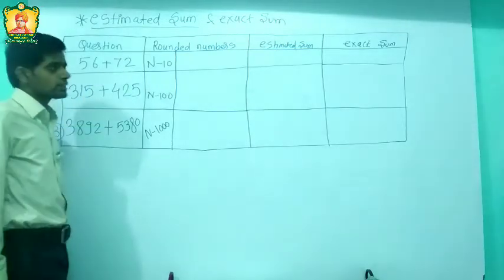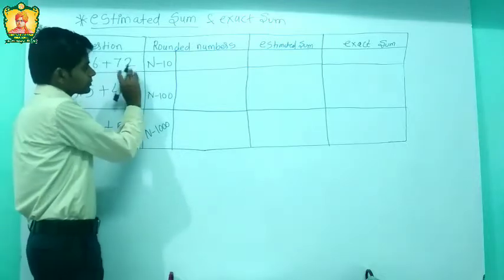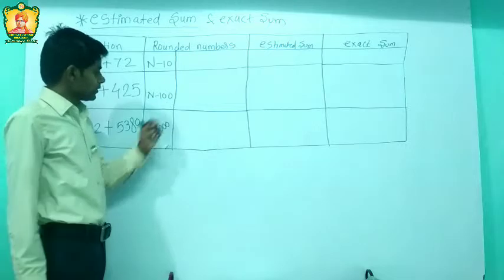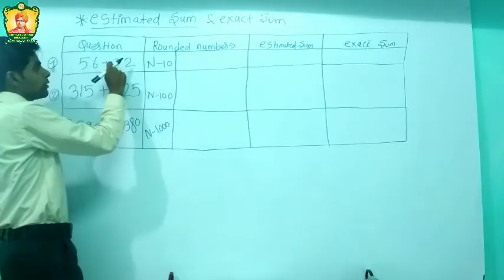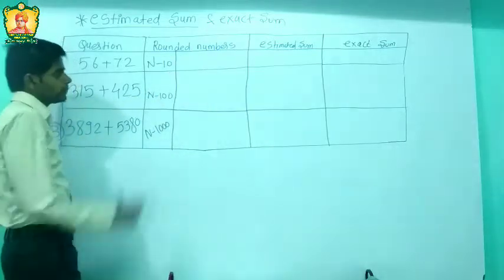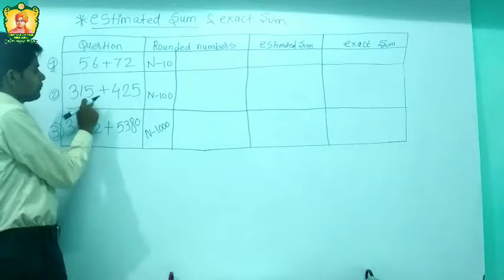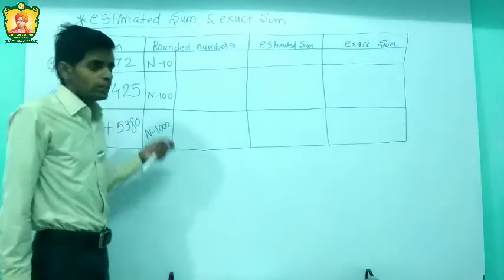56 plus 72. Now look at the side: towards the right hand side there is nearest 10, nearest 100 and nearest 1000. This indicates that we have to round up the numbers to the nearest 10 for these two numbers. 315 and 425 are in the series of 100.